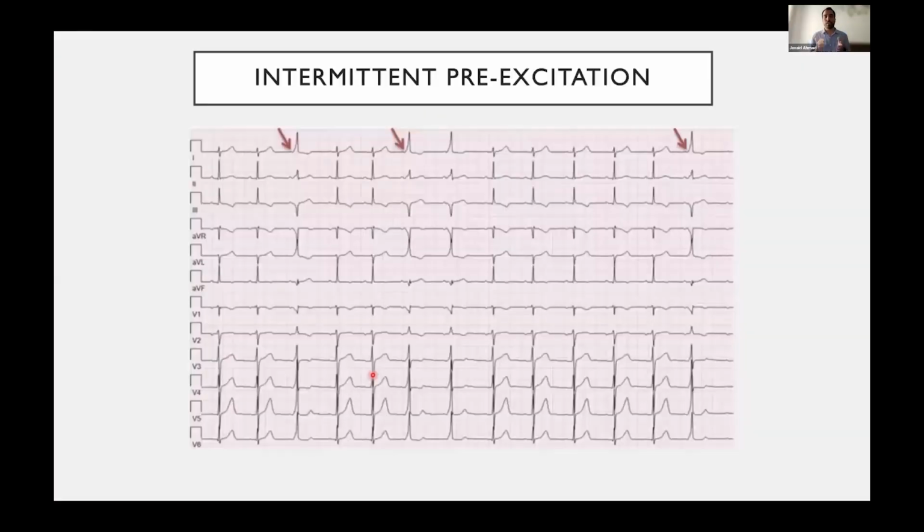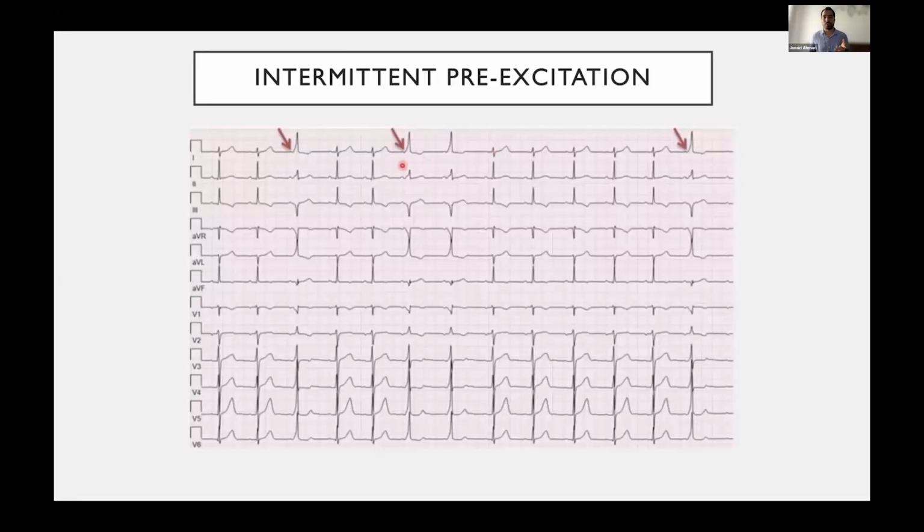So what are the non-invasive ways to estimate the sudden cardiac death risk in patients with WPW? One is intermittent pre-excitation. If you see on the same ECG or on the Holter that the pre-excitation just comes and goes, you know that this pathway's functional refractory period is very long.